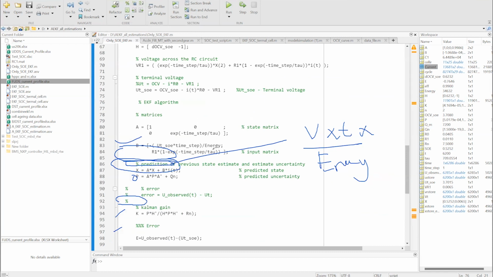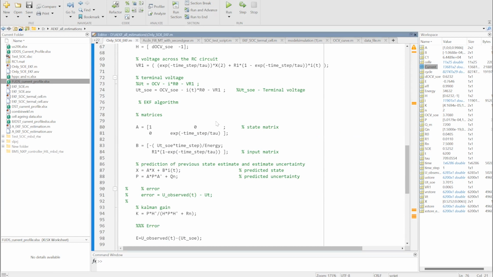Yes, so you can see this B matrix, which is V into T, and I'm multiplying the current. Then it will become the instantaneous energy accumulation divided by the rated energy. All of these have been defined above, in the initialization part that I was showing.